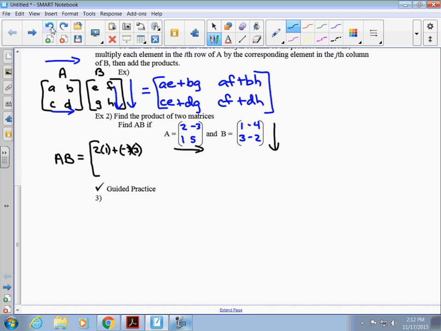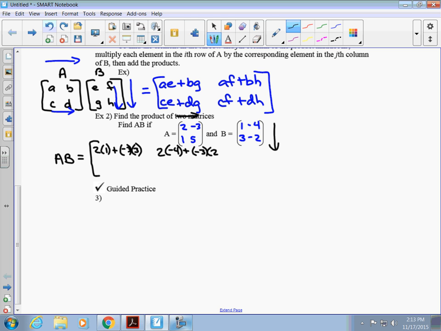Now we go row 1, column 2. So it's going to be 2 times negative 4 plus negative 3 times 2.